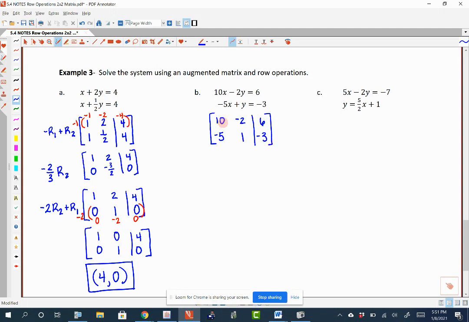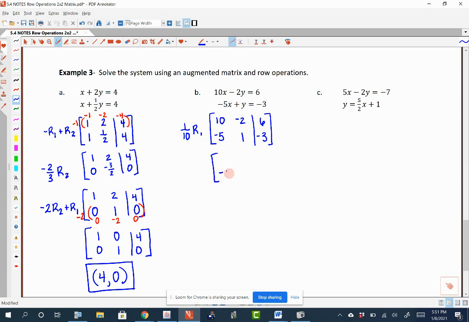Now this time, unfortunately, we do not have a 1 in that upper spot. That 10 we want to change to a 1. So I'm going to multiply by a reciprocal. The reciprocal of 10 is 1/10. And if I multiply row 1 by 1/10, this 10 will become a 1.